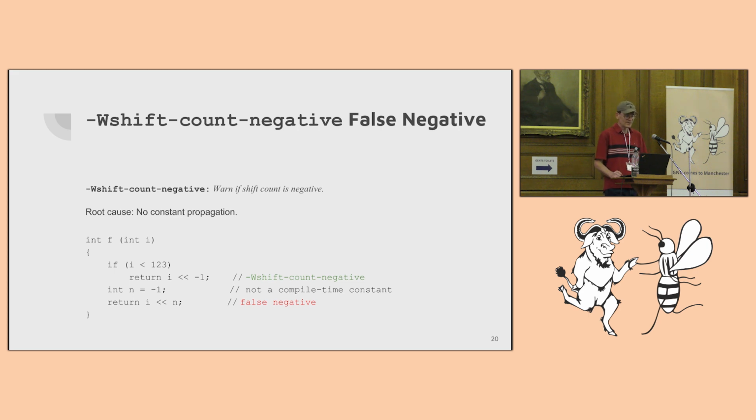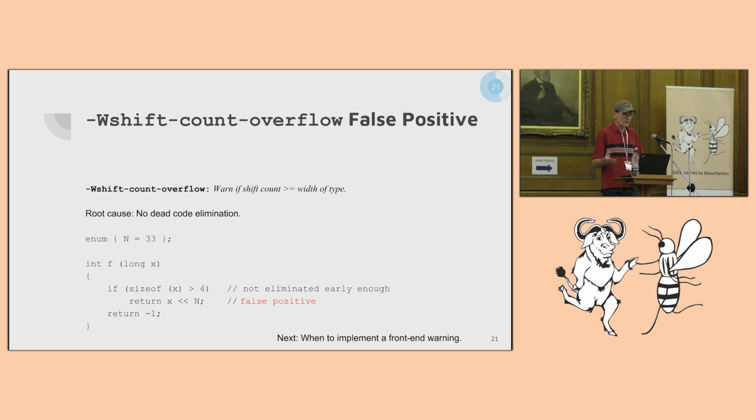So we see a false negative for an expression that involves a non-constant value, even though the constant case is successfully detected. With -Wshift-count-overflow, we have a false positive. Again, that warning is implemented very early, so there is no dead code elimination. We don't see that the shift expression doesn't get evaluated, and we end up with a false positive.